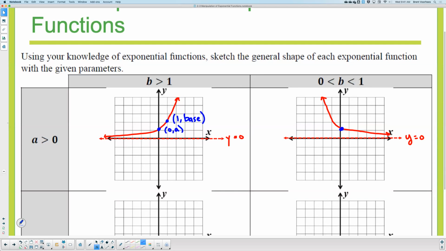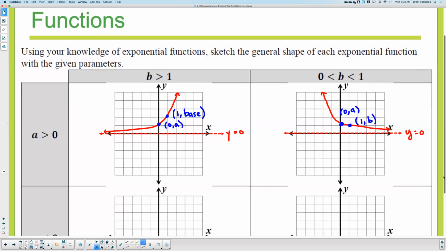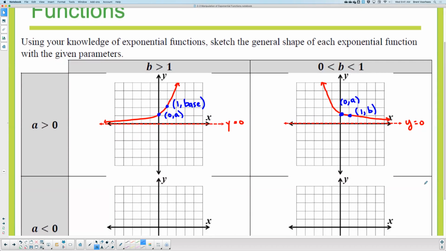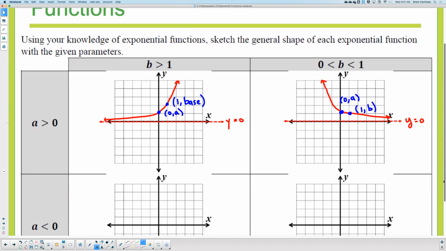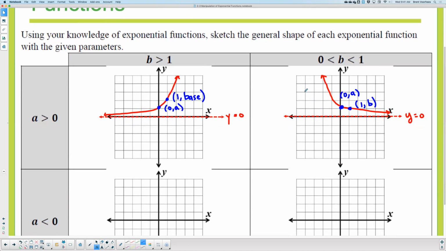Again, it's going to go through 0 comma a, and then add the point 1 comma base, which this time I'll just do b for base. So add those 2 points. All right, so growth, decay. This would be called growth. This one would be called decay.